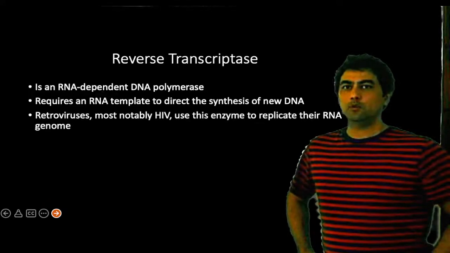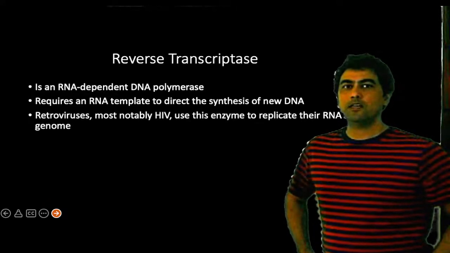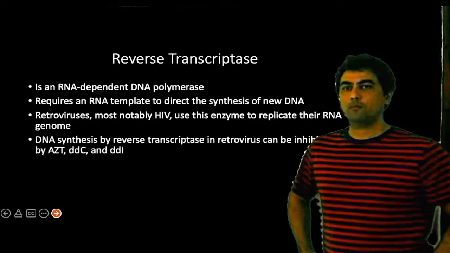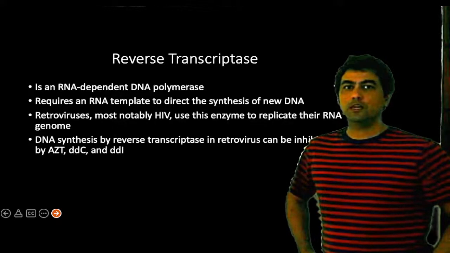Retroviruses, most notably HIV, use this enzyme to replicate their RNA genome. DNA synthesis by reverse transcriptase in retroviruses can be inhibited by AZT, ddC, and ddI.